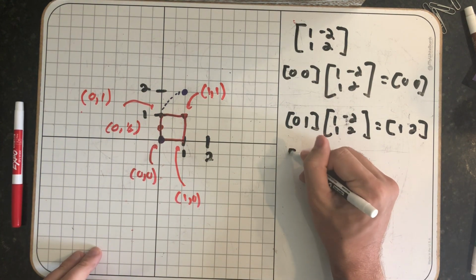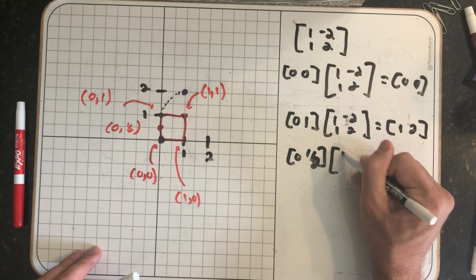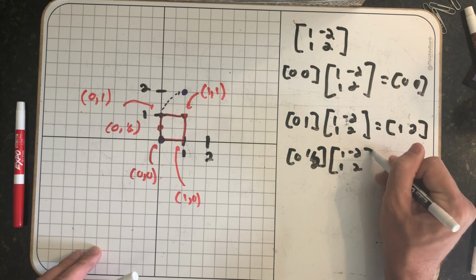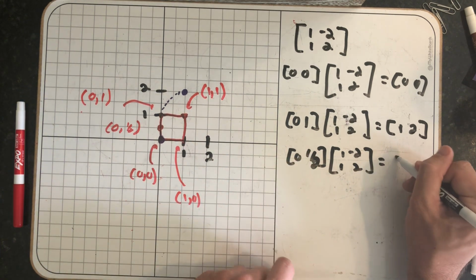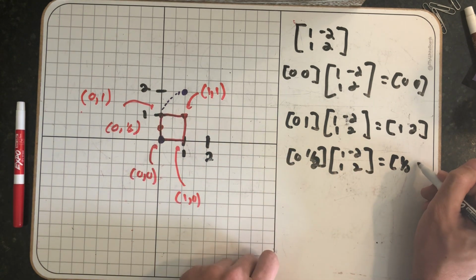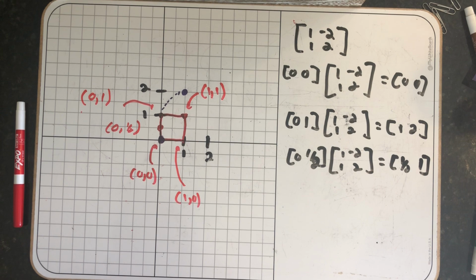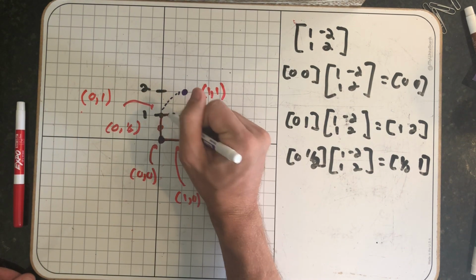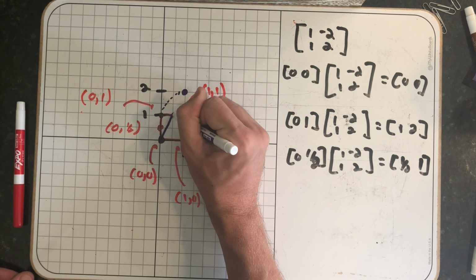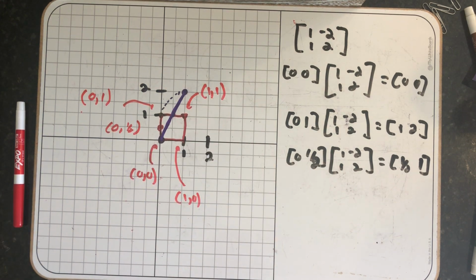So I think about 0, 1/2 times my matrix, and I would get 1/2, 1. Well, 1/2, 1 is that point right there that does nicely fall right between these two. So I do think that whole side gets mapped to this whole side.